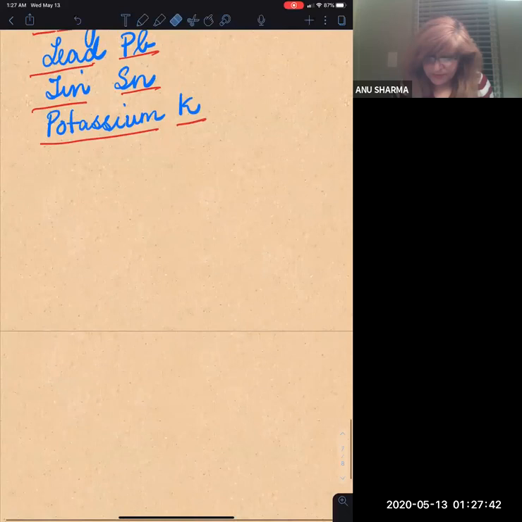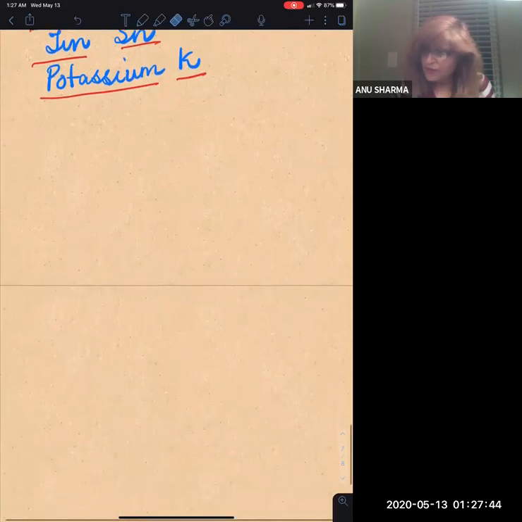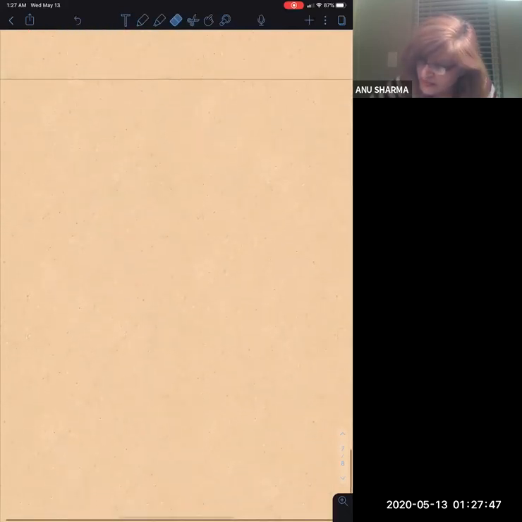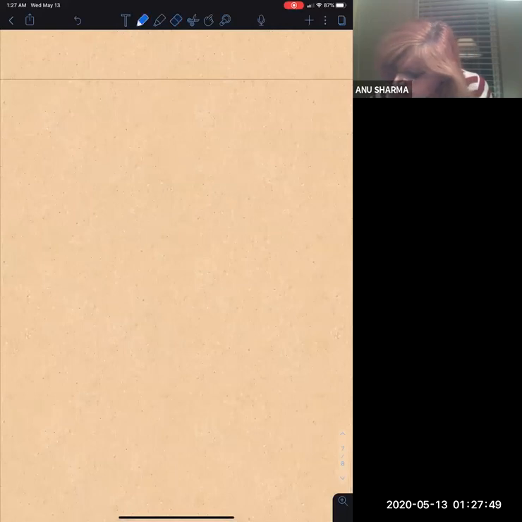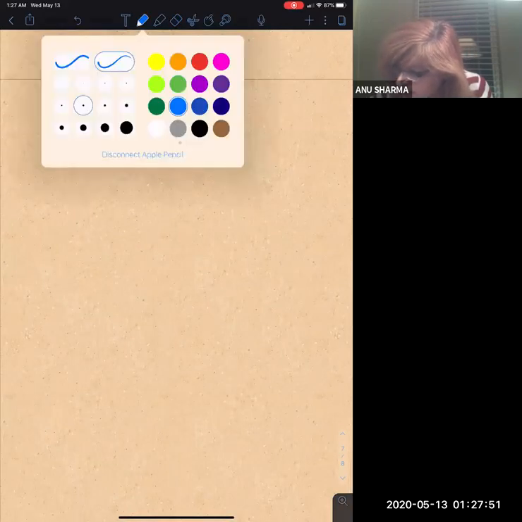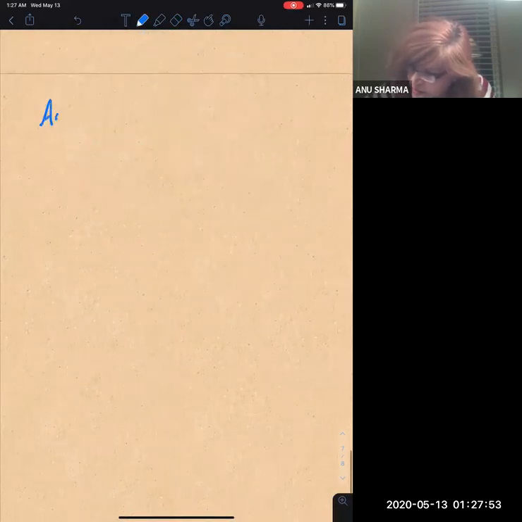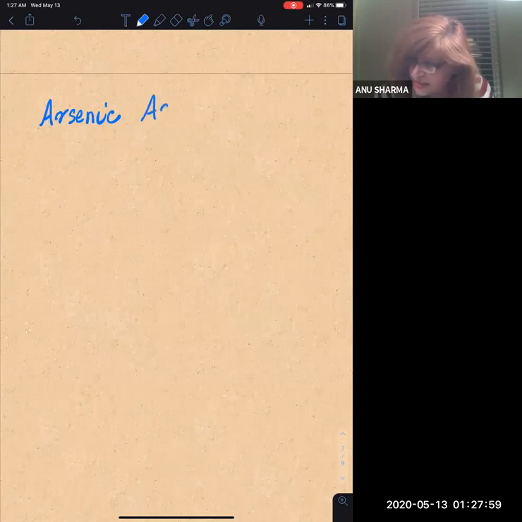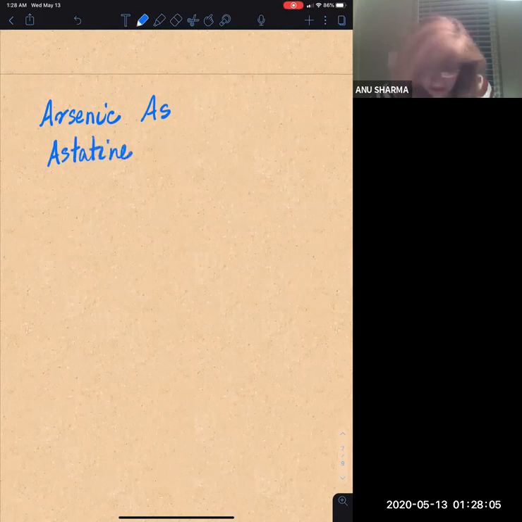These examples are, for example, arsenic, A-R-S-E-N-I-C, and the symbol is As. Astatine, A-S-T-A-T-I-N-E, and the symbol is At.